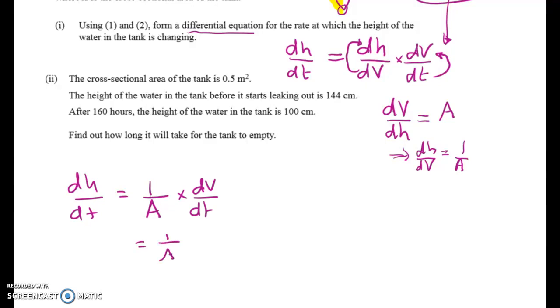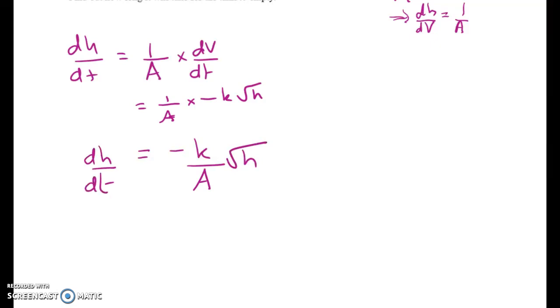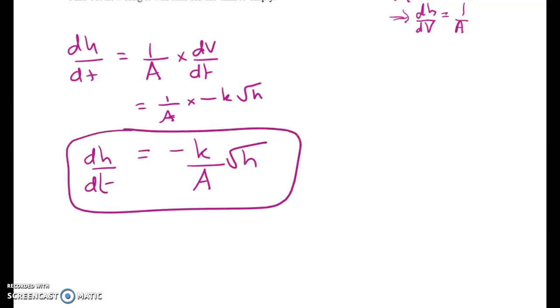So it's 1 over A times negative k root H, and I can write that more elegantly as negative k over A root H. So that gives me dH by dt. So that's the first part of the problem done. Okay, and that was an achieved question. I think it's quite hard for an achieved question if you don't spot what's going on.